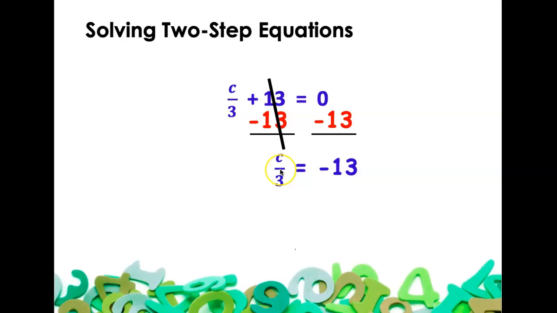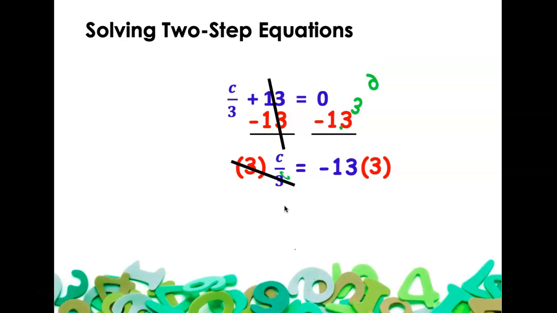Now remember, this line means division, so the inverse operation of division is multiplication. So we are going to multiply both sides by the coefficient or the number closest to the variable. So that will be multiplied by 3 on both sides. So 3 on the left side of the equal symbol, 3 divided by 3 is 1.